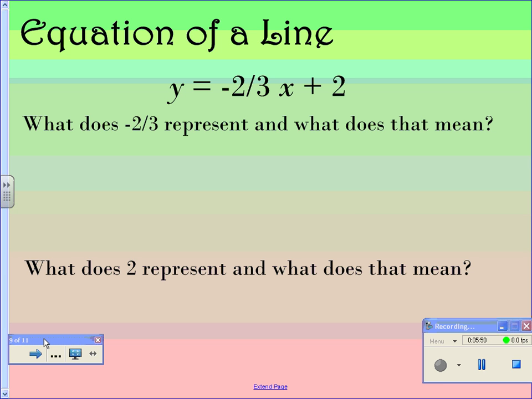What does the negative 2/3 represent? What does that mean? What does the 2 represent?